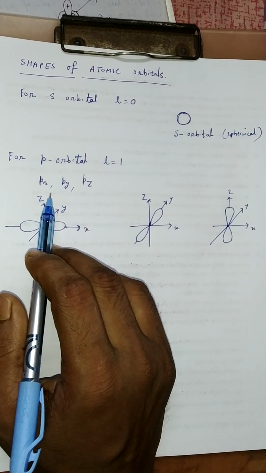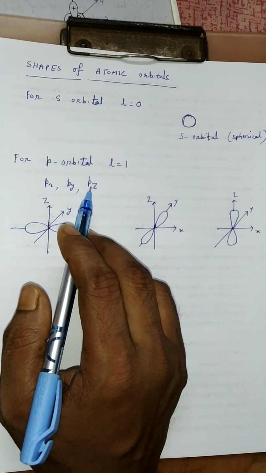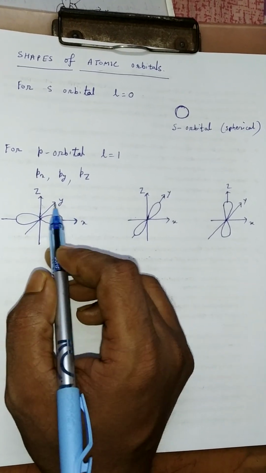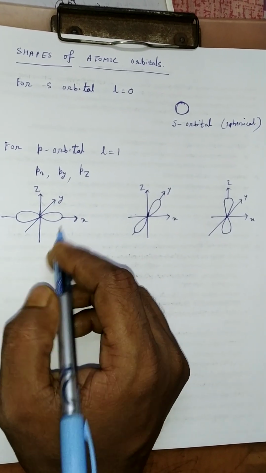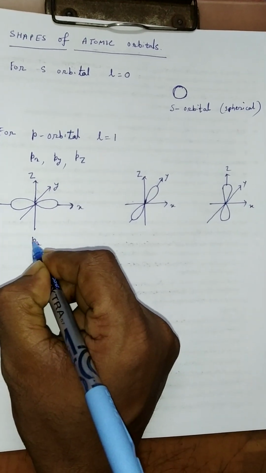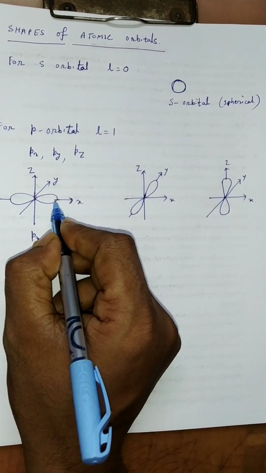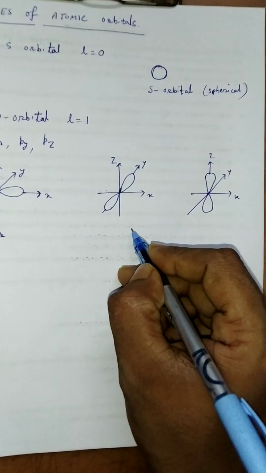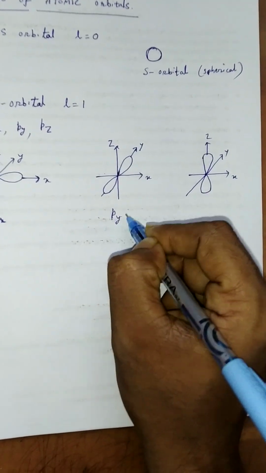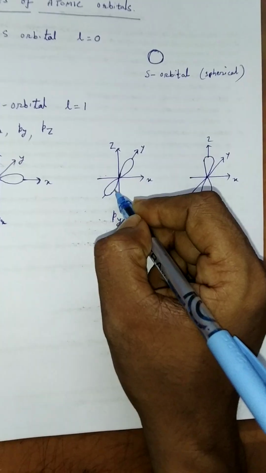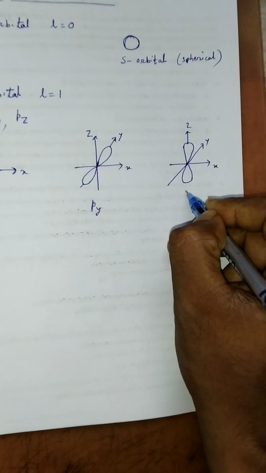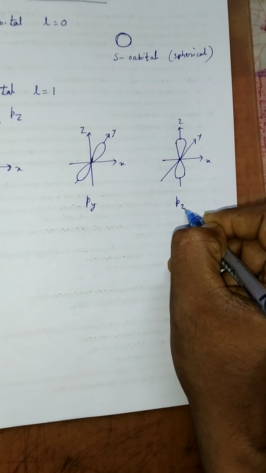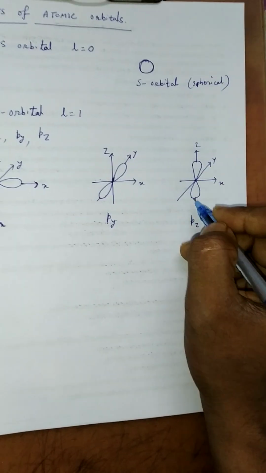For px orbital, the lobes of the orbitals are directed along the x-axis. For py, the lobes of the orbitals are directed along the y-axis, and for pz orbital, the lobes of the orbitals are directed along the z-axis.